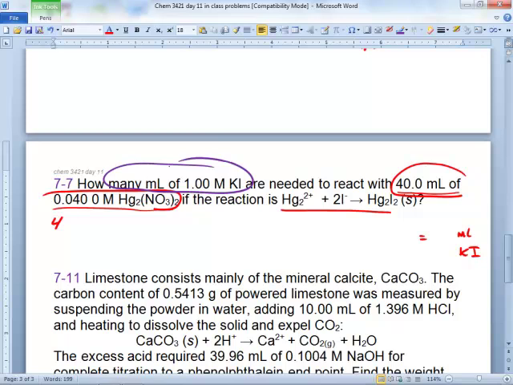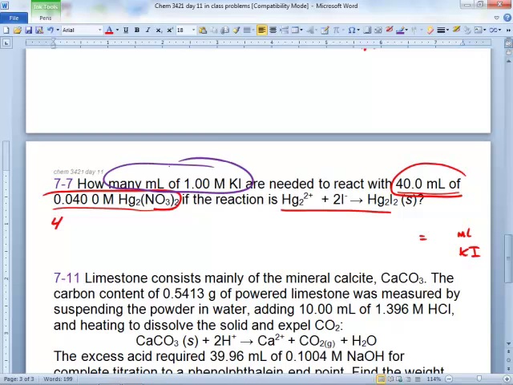Okay, so you could start here, or you could start like how we did previous problems. It's going to be the exact same thing, because what are the units of my answer? Mils of KI. And where do you see that up here? Right here. You could start with this guy, but flip them.